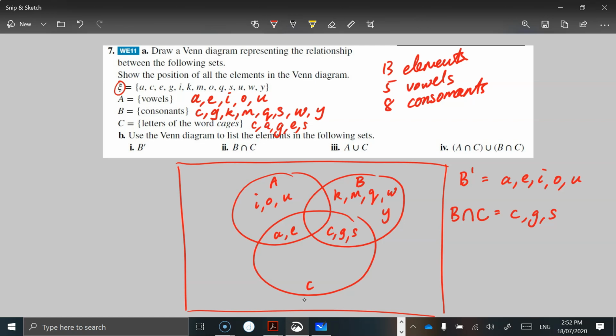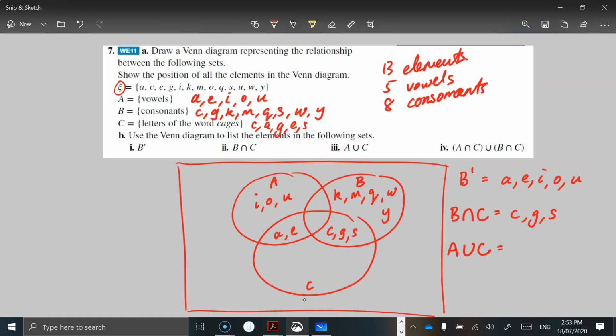And then the third one, we're asking what are all the elements that belong to A and C together, combined, A union C. So it's not only the intersection, but it's everything combined, okay? So everything that belongs to A and C together is going to be this portion.